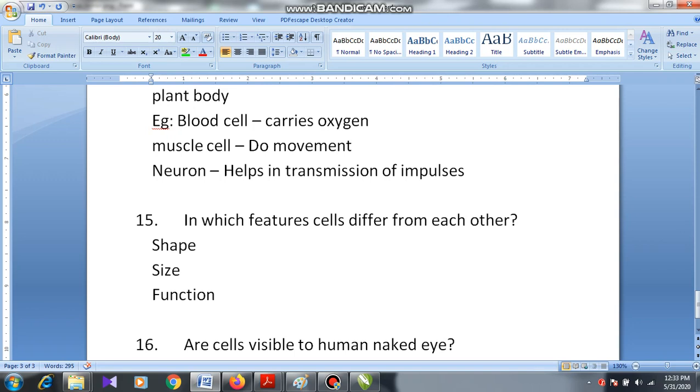In the upper picture I showed you, the neuron will be in one shape, the immune cell in one shape, the fat cell in one shape, the epithelial cell in one shape. Different shapes, different sizes and different functions are there. So they differ in three features: shape, size and function.